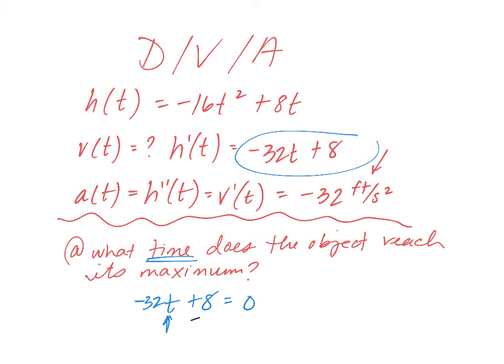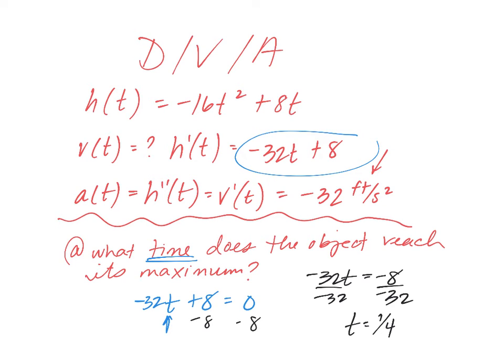So in this case, I'd subtract 8 from both sides. I'd get negative 32t equals negative 8. Dividing both sides by negative 32, I'd get t is equal to 0.25, or 1/4. So that means 1/4 of a second into its flight, it reaches its maximum.